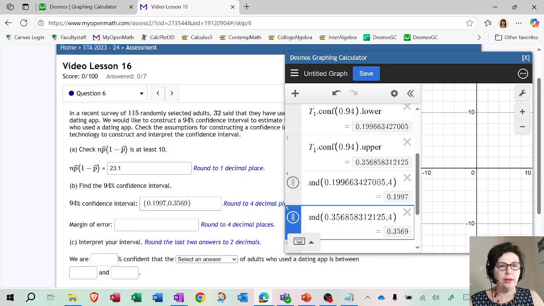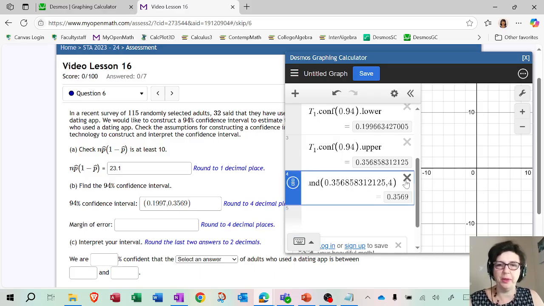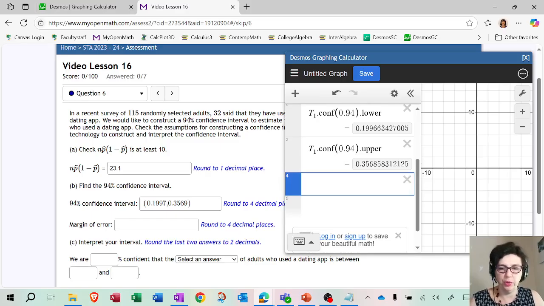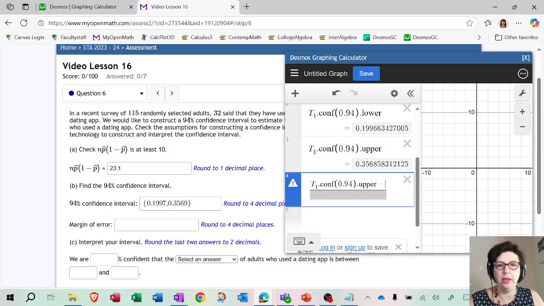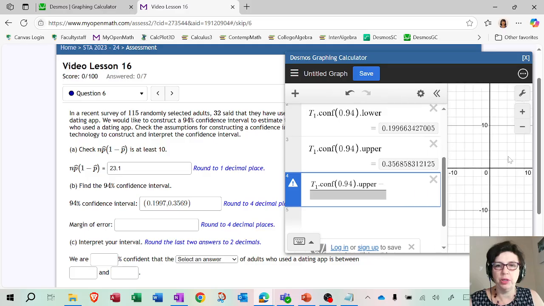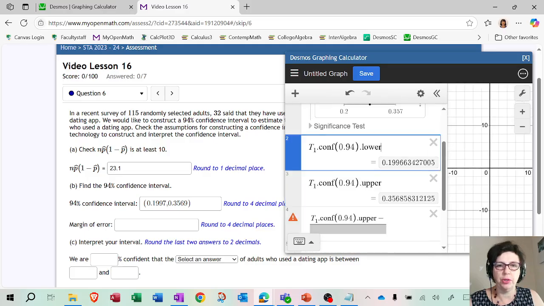Okay, the last thing is to compute the margin of error. And well, that's the previous before last because we also have to interpret. Okay, so let's do the margin of error. So we press on the /, which is the same key as your question mark. And then we're going to do upper minus lower. So I'm just going to select the whole thing. Subtract. Let me just see if I can make this larger.